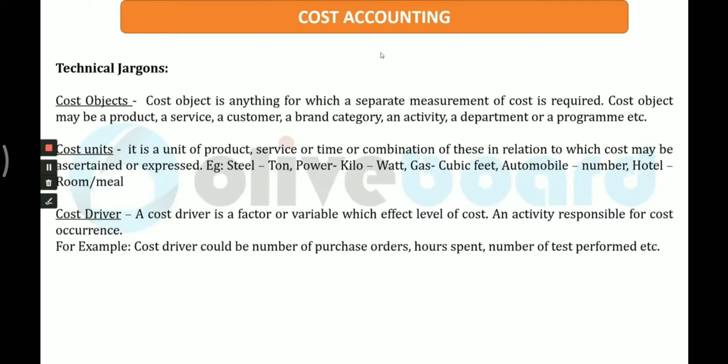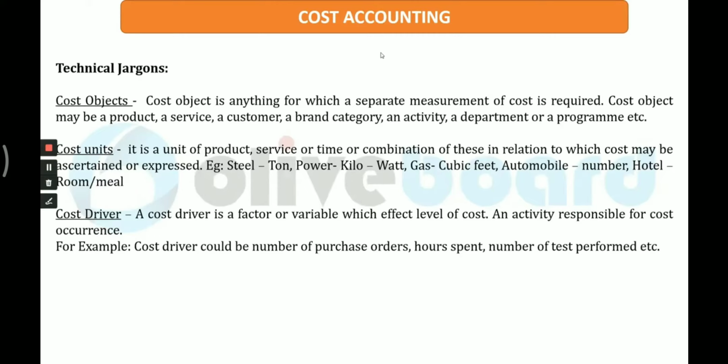Next one, cost units. Units means number of units. If I want to put it in simple language, I can say measurement. How are you going to measure it? Some I will measure in terms of numbers, some in kgs, some in liters. So in costing, we always use cost per unit.